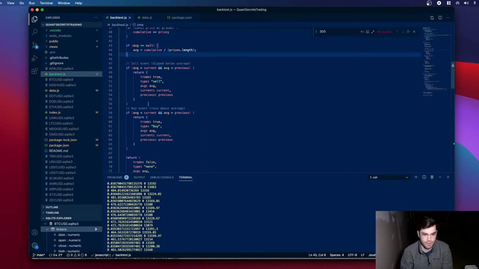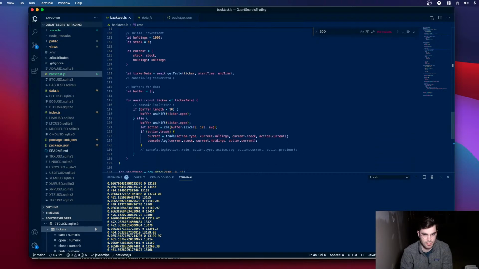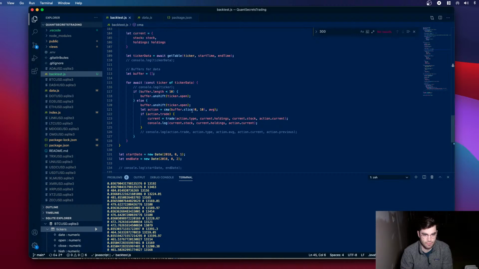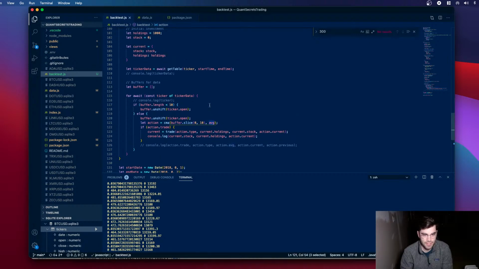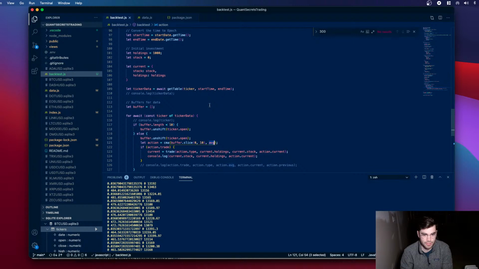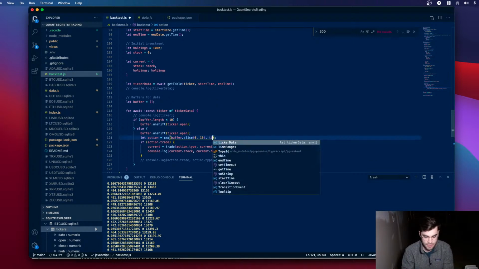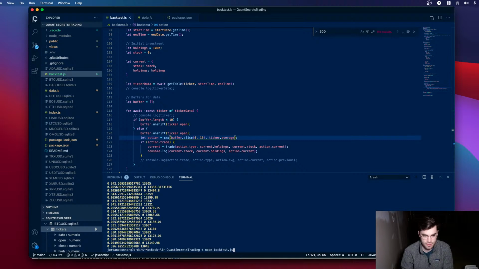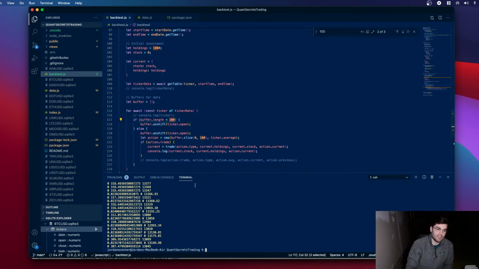All right, so now I can pass through this average, which is going to be ticker dot average. Wow, did even worse. This is tough, man. Wow. Yeah, this is gonna be interesting.